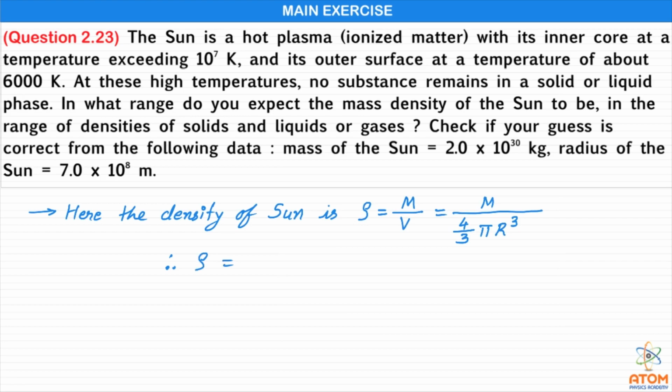So we'll get rho is equal to the mass, 2 into 10 raised to 30 kg, divided by 4 by 3. So here 4 and 3 I'll put in the numerator, pi is 3.14 and the radius is 7 into 10 raised to 8, cubed.